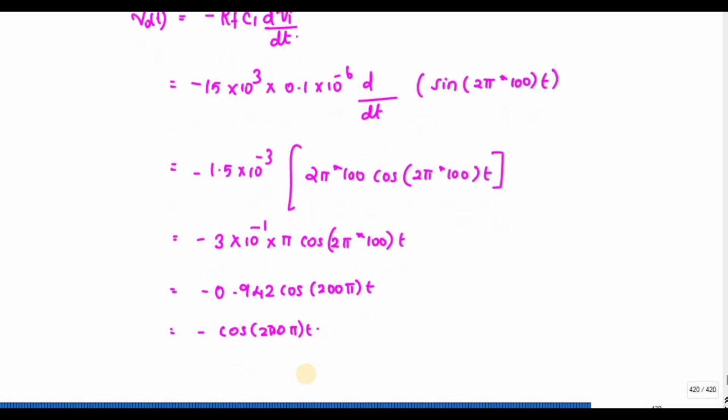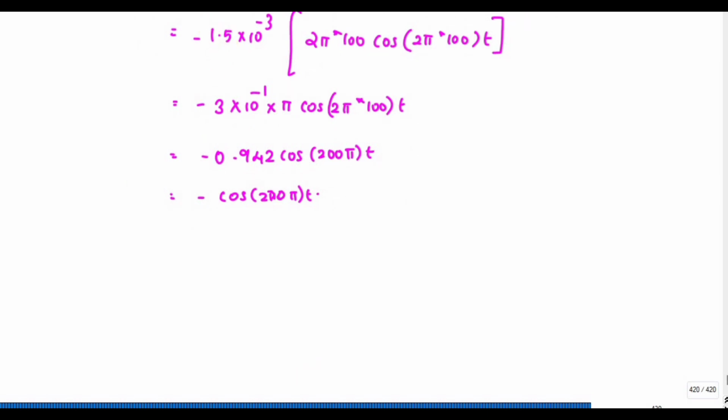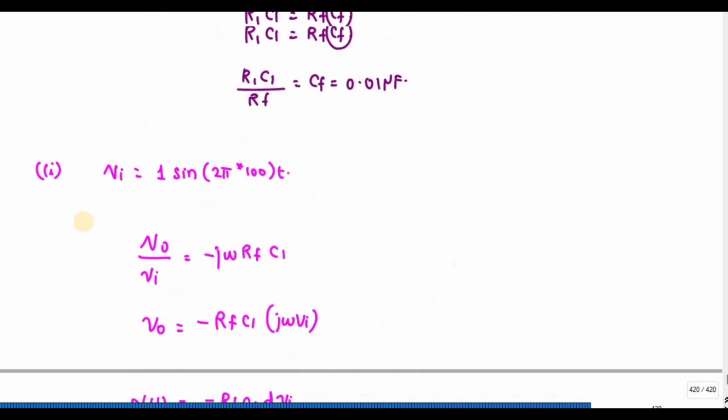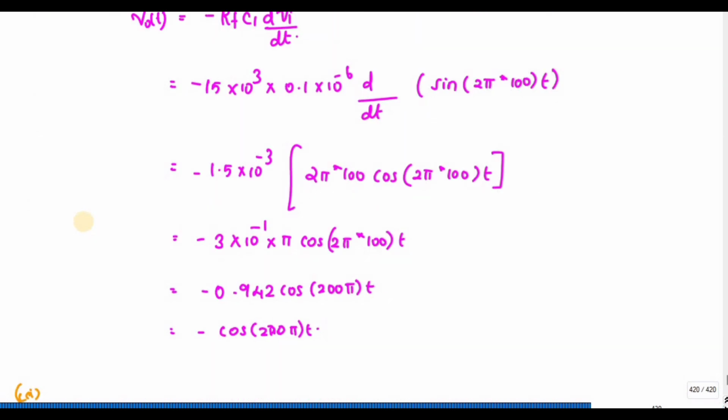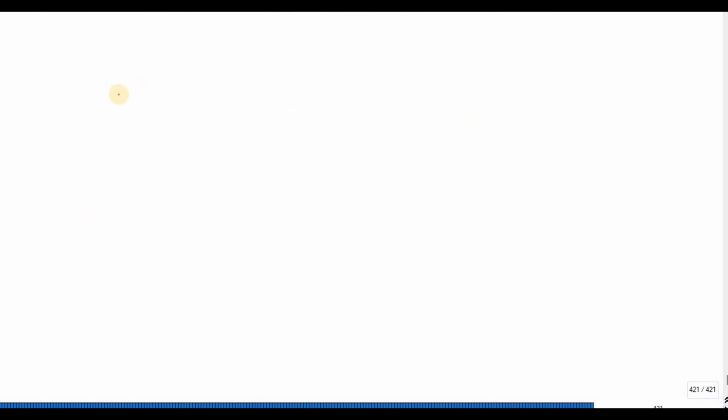So now let us discuss the third problem, for the square wave input, right? For the square wave input, this is of 1 millisecond.